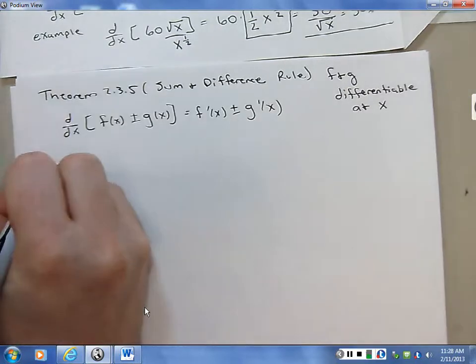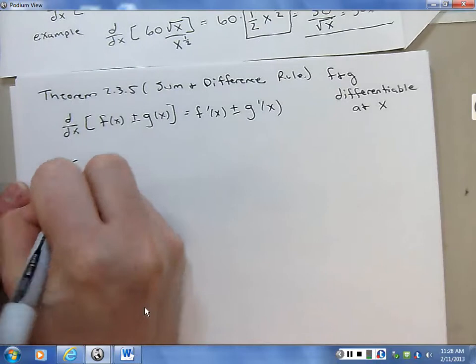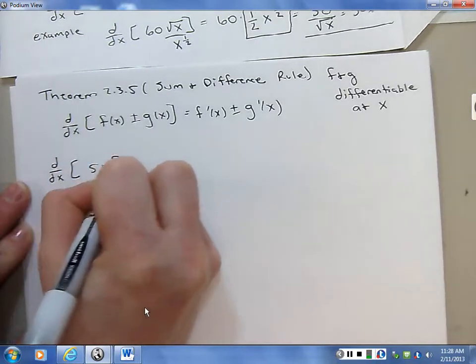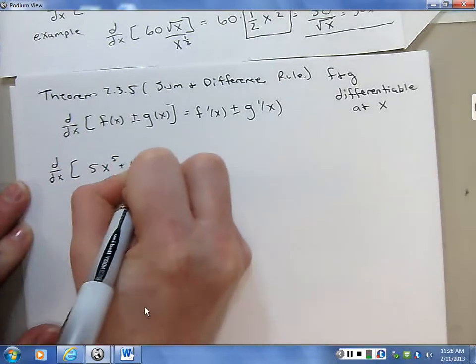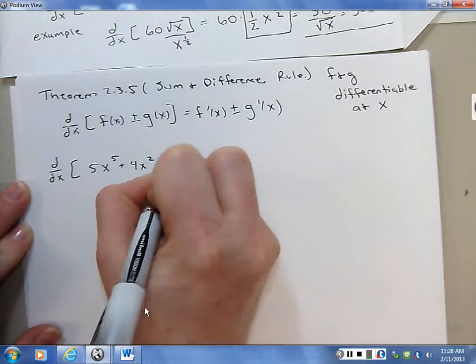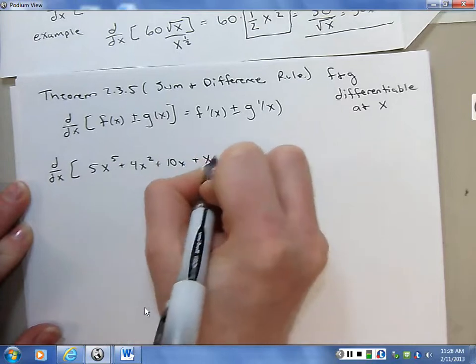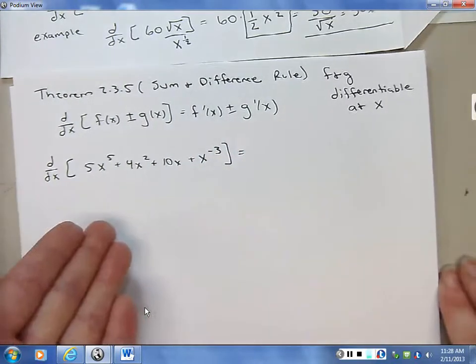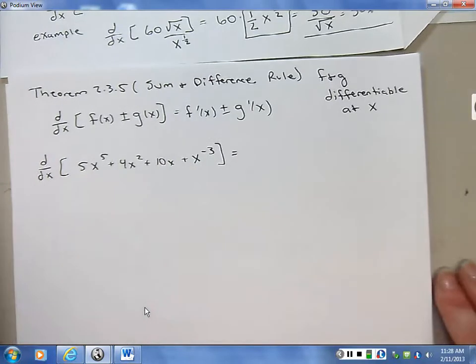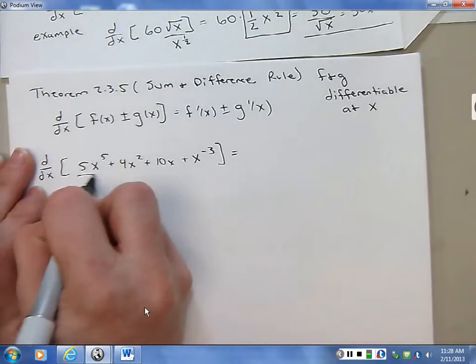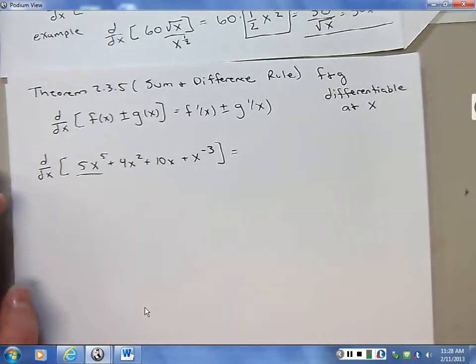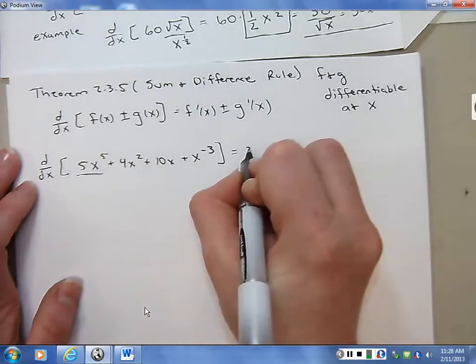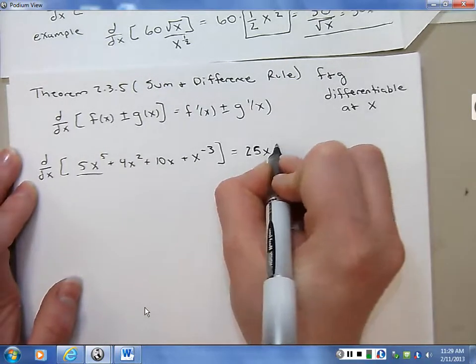So if I want to differentiate, say, 5x to the 5th plus 4x squared plus 10x plus x to the minus 3, I can do it term by term. What's going to be the derivative of 5x to the 5th? 25x to the 4th.